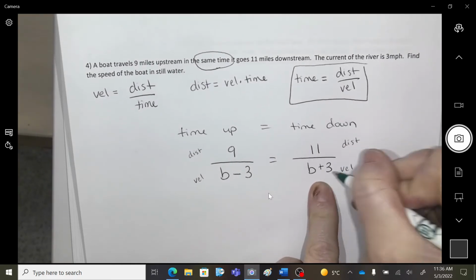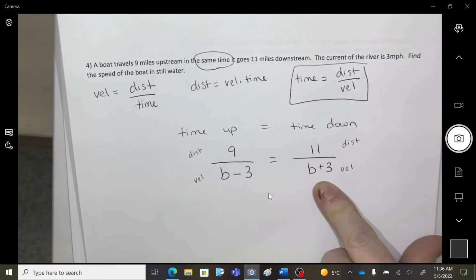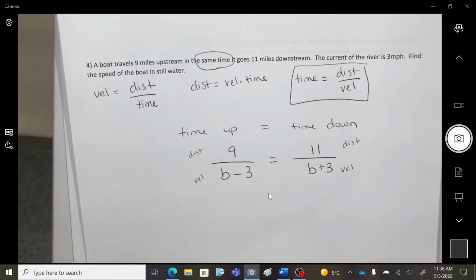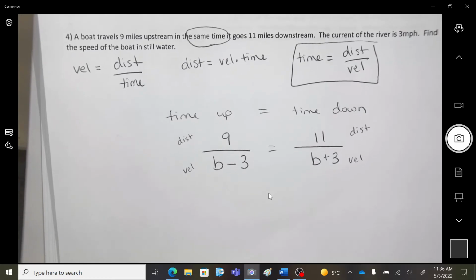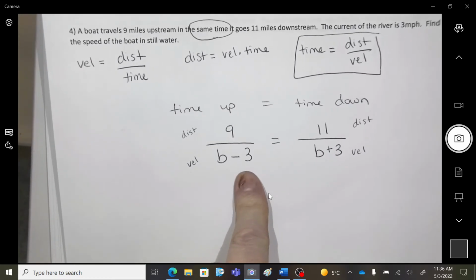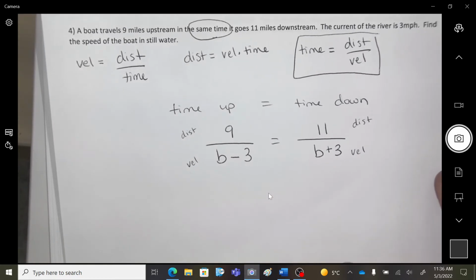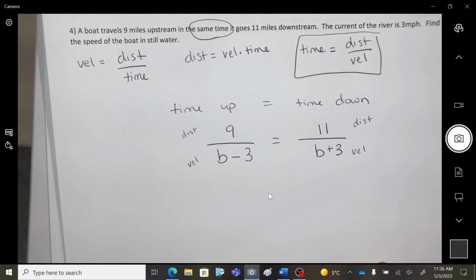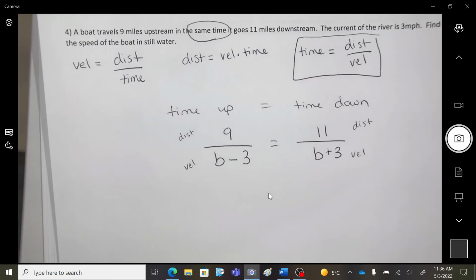It will go faster, right? The current will push you. So upstream it's the boat speed minus the water, and here it's the boat speed plus the water. Okay, that's the only new piece.